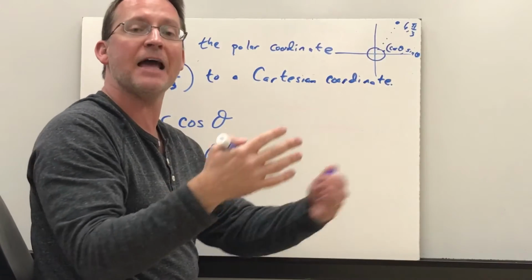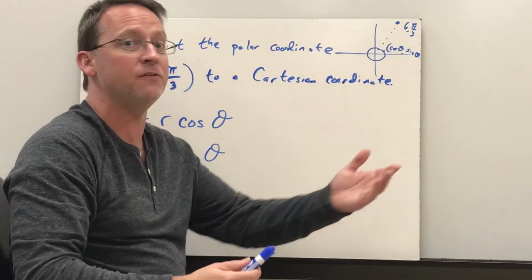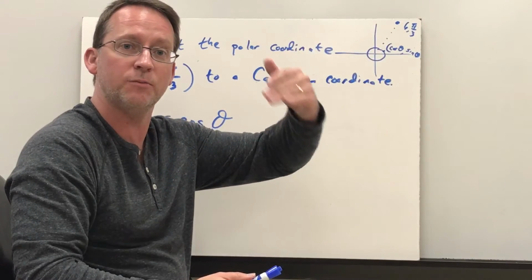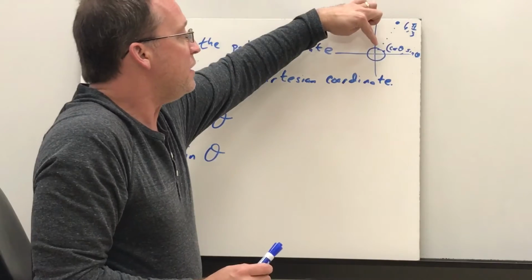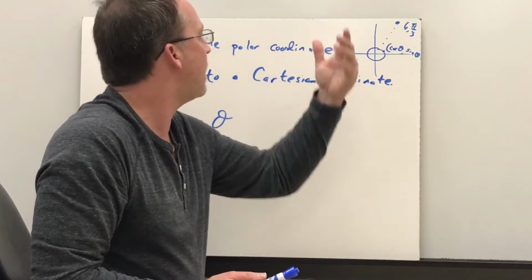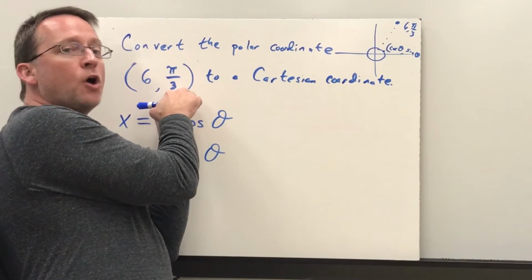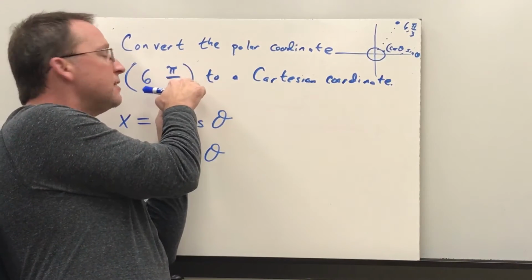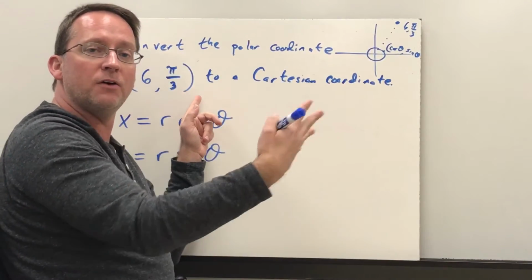You know cosine is x, you know sine is y. A lot of you just used the unit circle to memorize those values back in the day. So if the radius were just 1, you would know to go to this angle, and the cosine of this angle would tell you the x value, the sine of this angle would tell you the y value.